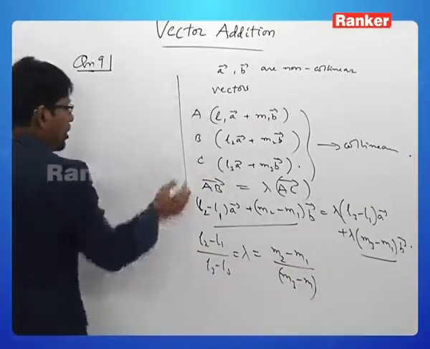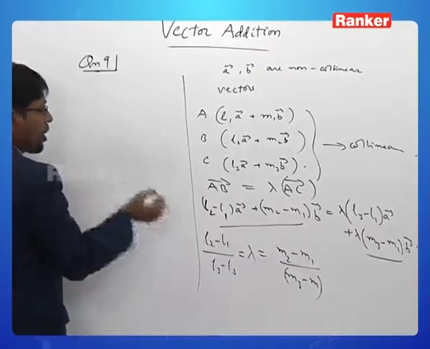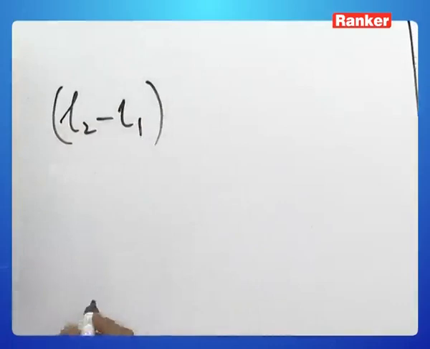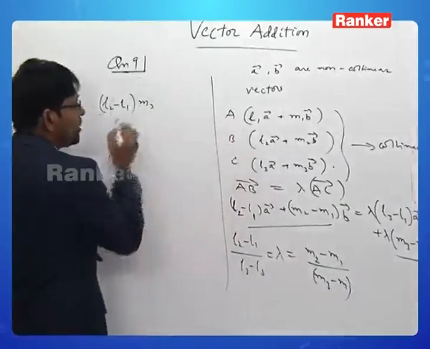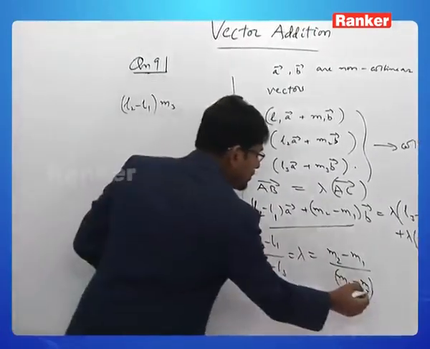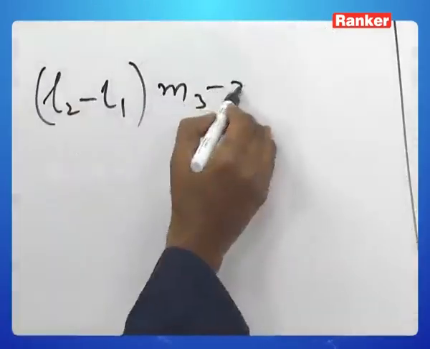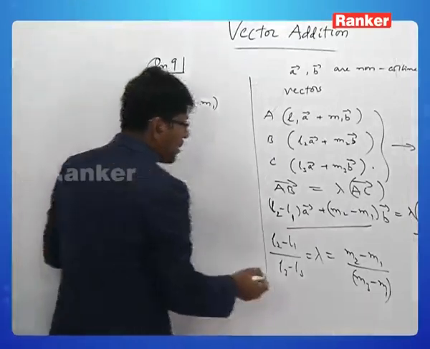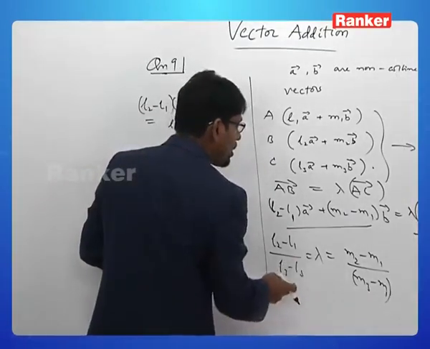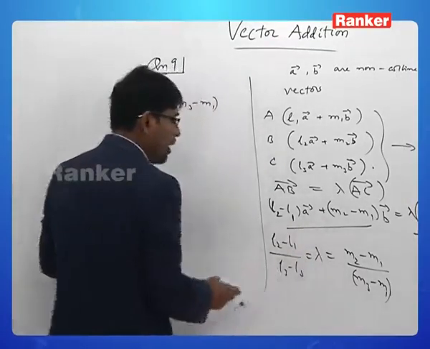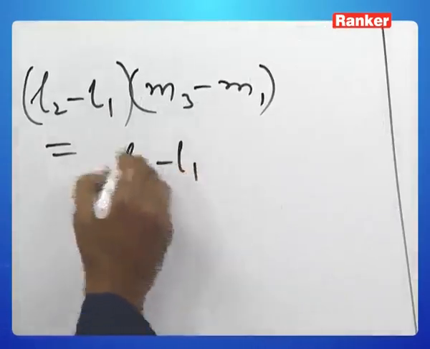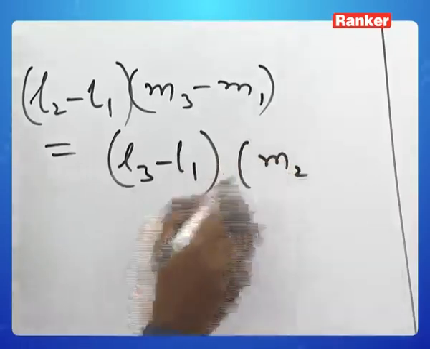So clearly, we will cross multiply here: (L2 minus L1) into (M3 minus M1) is equal to (L3 minus L1) into (M2 minus M1).